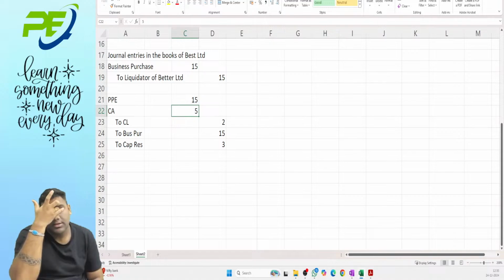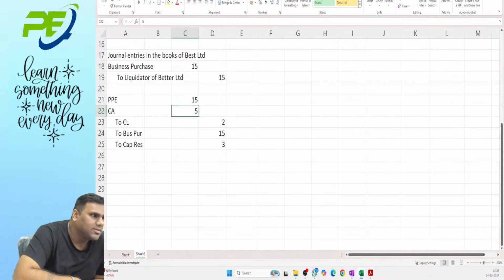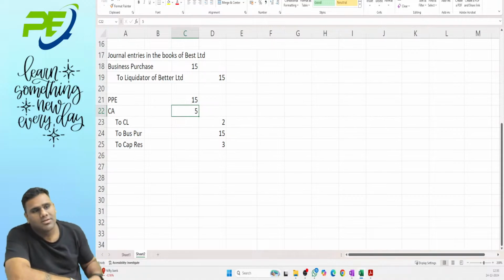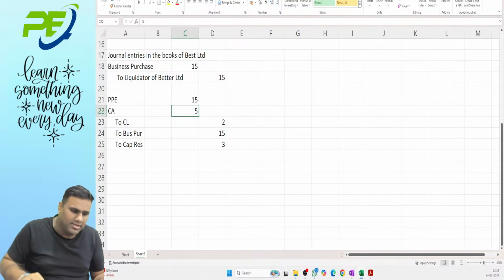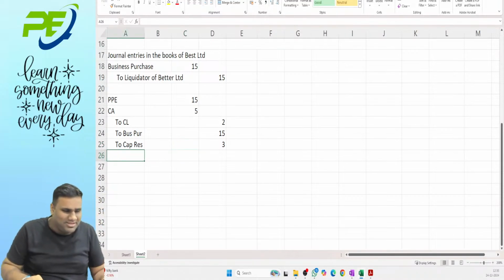Rishi, Ananya, liquidator of Better Limited to equity share capital to securities. Perfect. You missed the liquidator, you missed the premium.